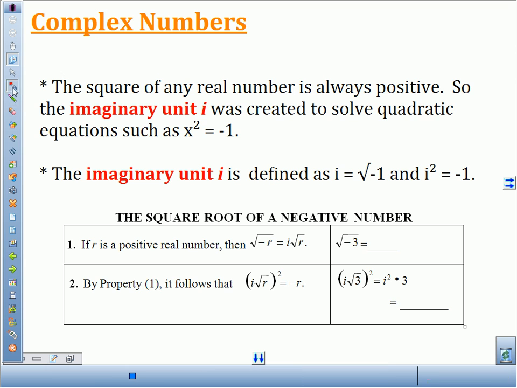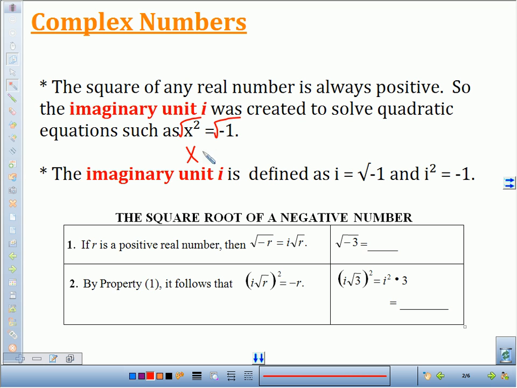Because if the square of any real number is always positive, we're not able to take the square root of a negative number. For instance, if I wanted to take the square root of negative 1, here I have x squared equals negative 1, so I would need to take the square root to get x by itself, like we've seen.